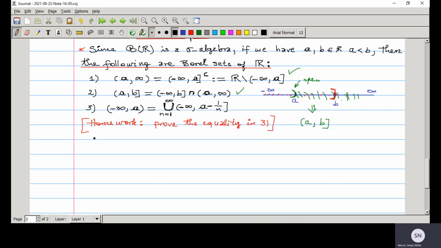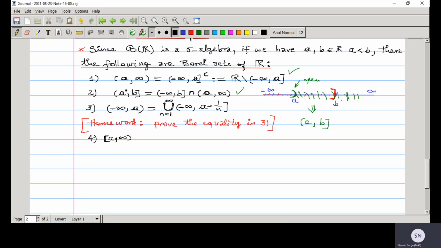So the fourth family of elements. Now we can use this structure already. We know that this is an element. I can take this complement. So if I take this complement, we have something of the form A, comma, infinity. Remember that here we had open at A to infinity.